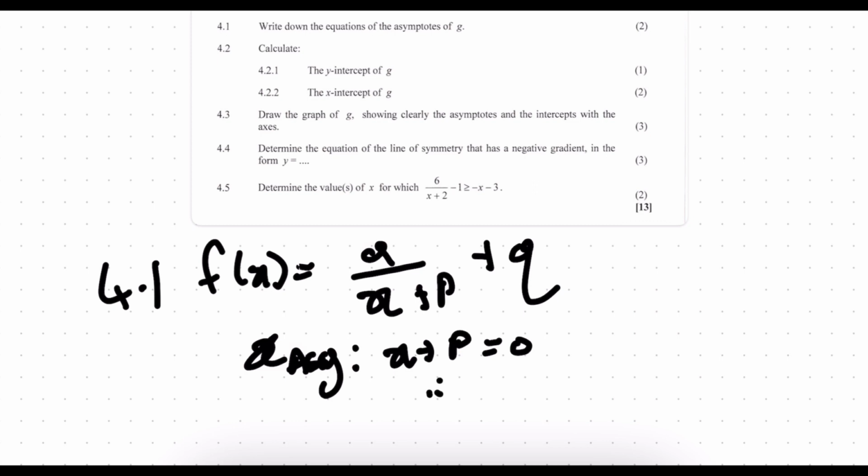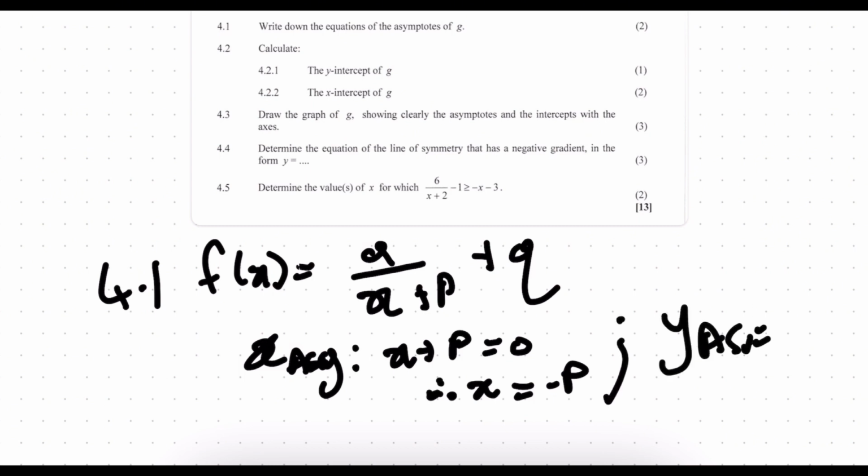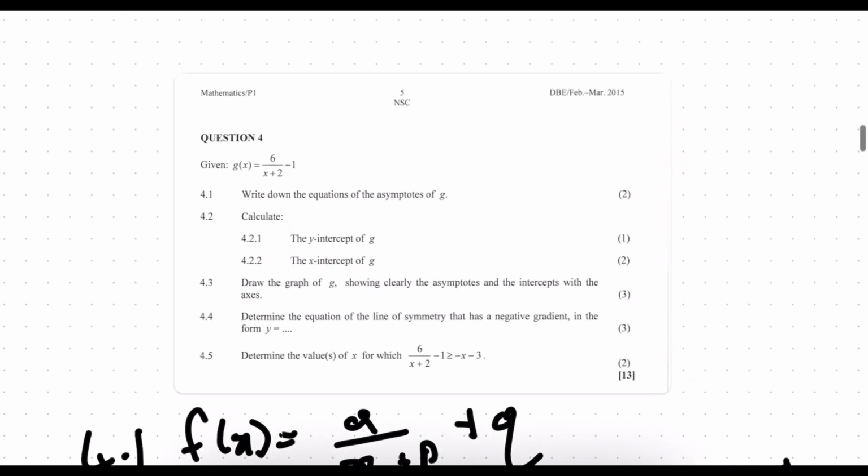Therefore your x should be equal to minus p, right? And then if you want to determine the y asymptote, you equate that to q. So what's your value of q here? You have your p being 2 and your q being minus 1. So you now know the equations of your asymptotes.